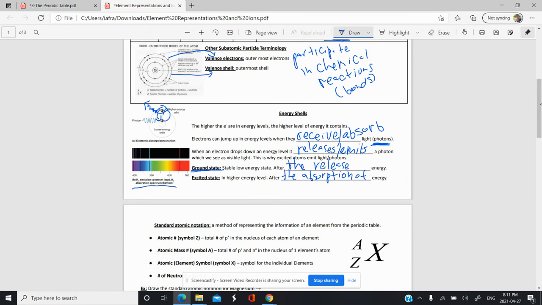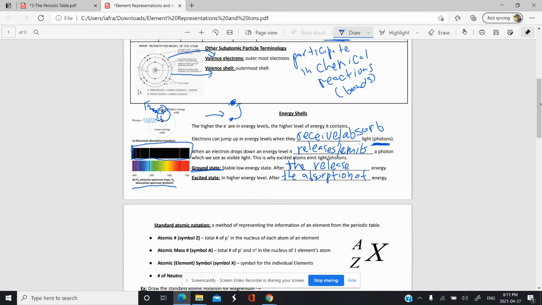So what you'll notice is this little band over here. And this is basically if you put an element through, you give the element energy, its electrons will absorb light and they'll jump up to a higher energy level. So for example, I might have an electron over here, it absorbs light, and then it jumps up to here.